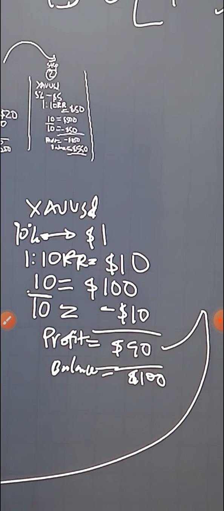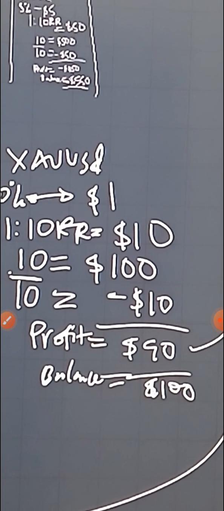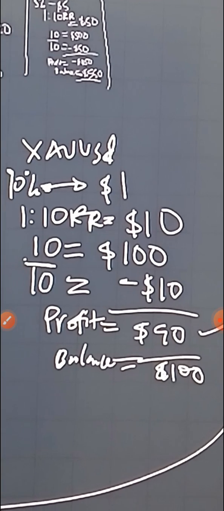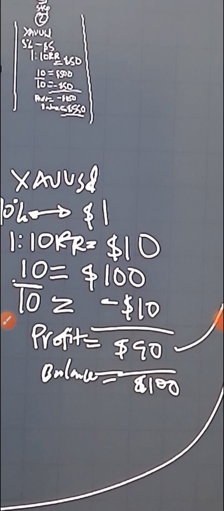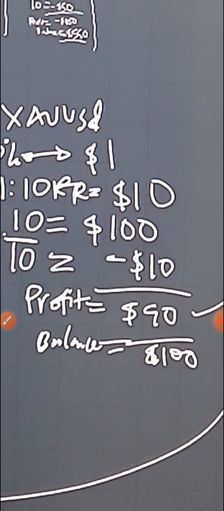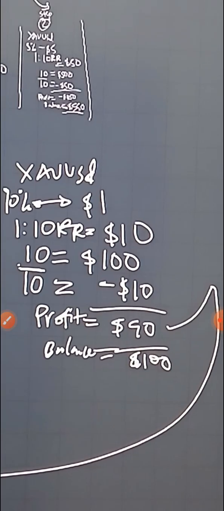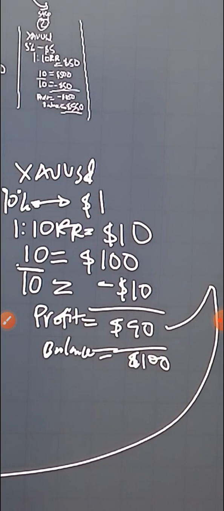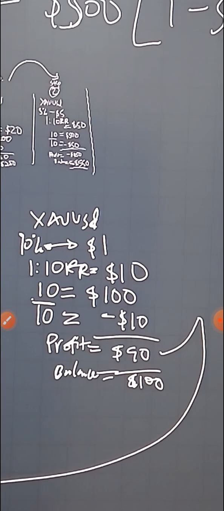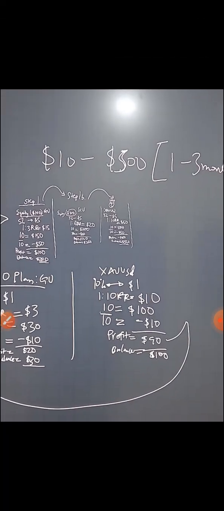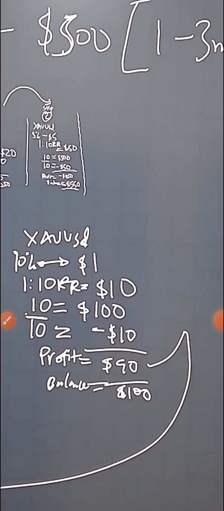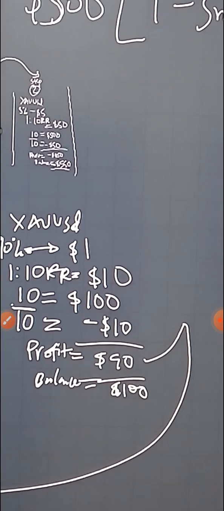For 10 successful trades, we are going to have $100, and for 10 bad trades, if we stick to our rule, we are having minus $10. So we have a total profit of $90 and a balance of $100. We can see as GU scaled from $10 to $30, this particular pair helped us scale to $100.